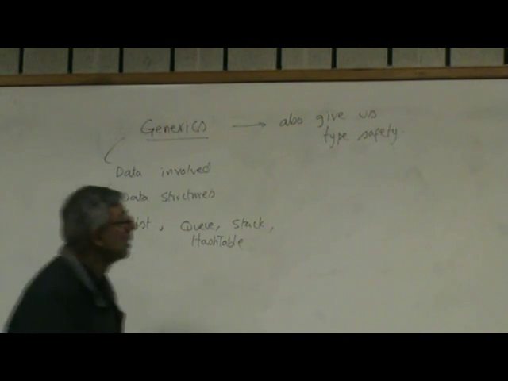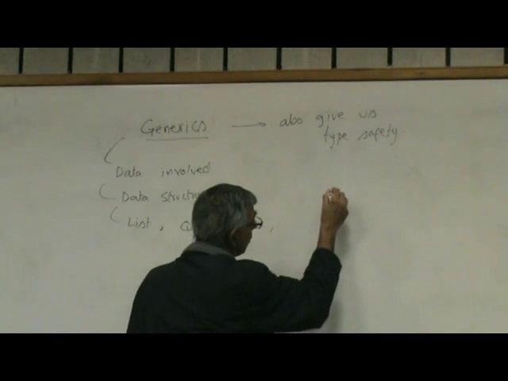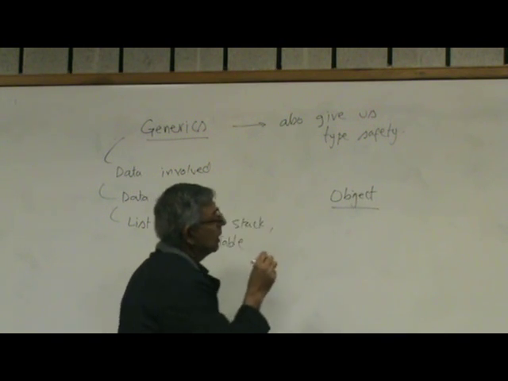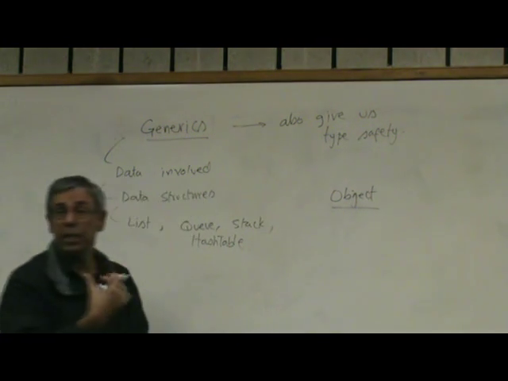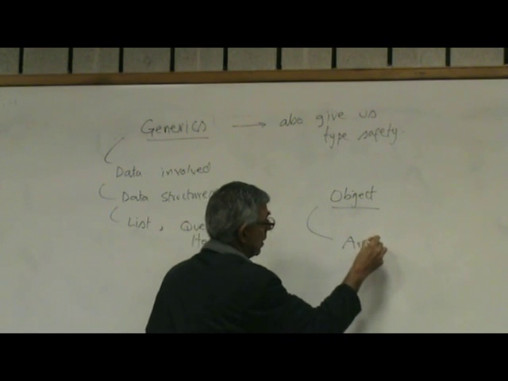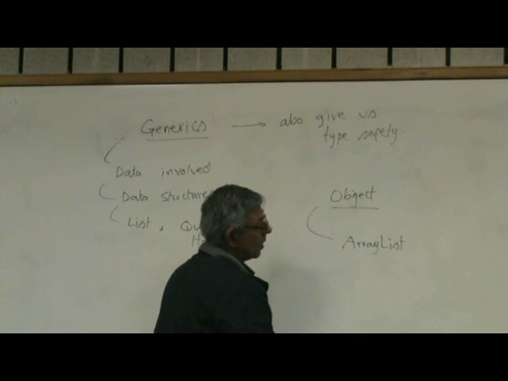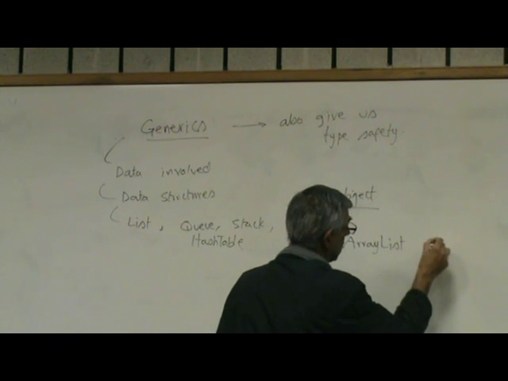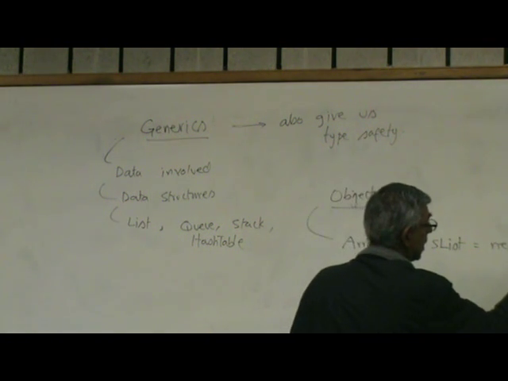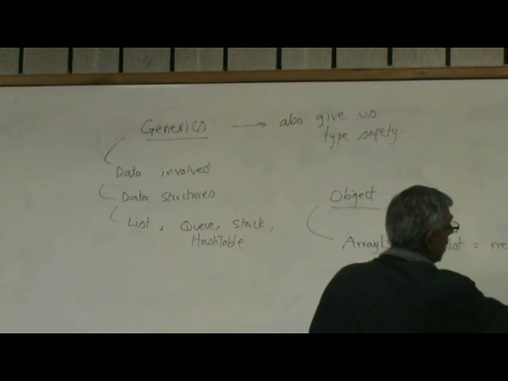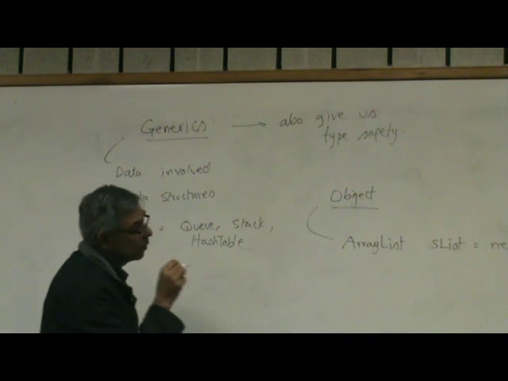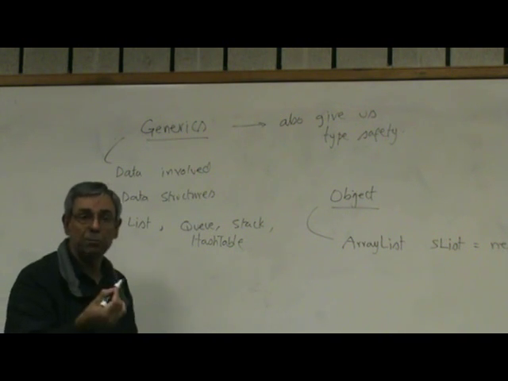So remember, previously, to get more flexibility, we were using, for example, an object, right? If we needed to create an array of objects, what was the most popular collection? ArrayList. Okay. So if you created, for example, ArrayList, let's say slist equal to new ArrayList. Remember, we discussed that anytime we store something in the array list, it becomes an object, right?